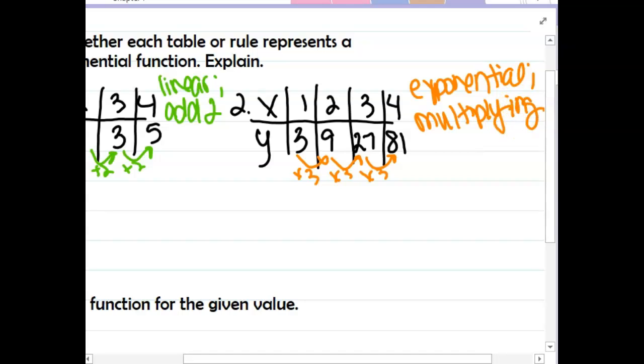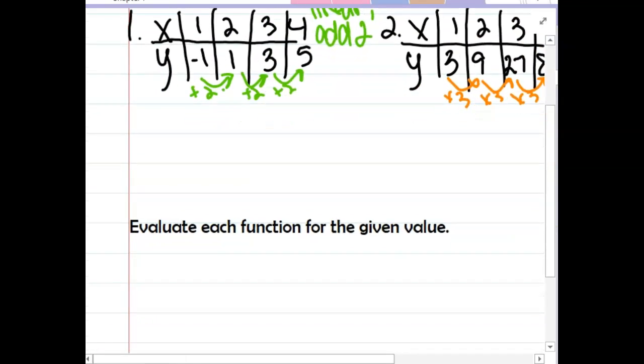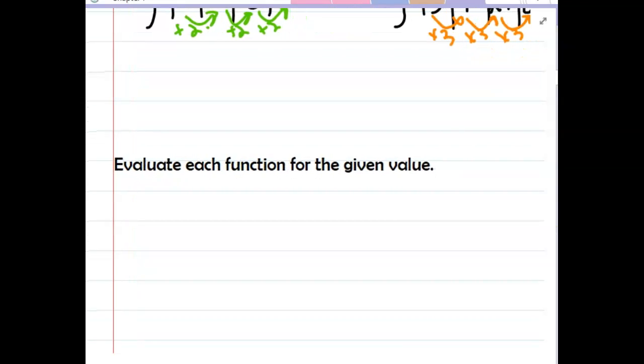So for the table, you're looking at the pattern of y values. Now, if you have a function rule, these ones are a little easier to see. y equals 5 times 2 to the x. Now, looking at a rule to determine whether it's exponential or linear, you need to find the x.